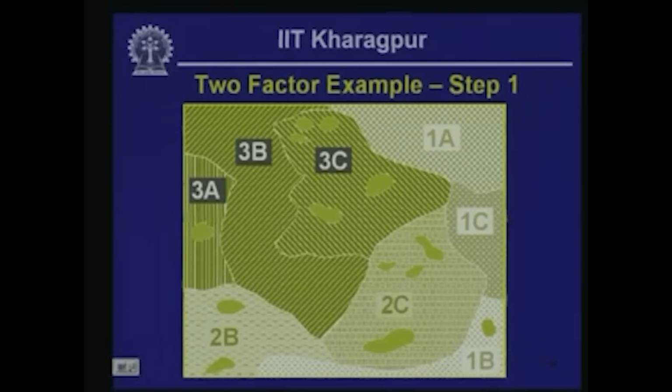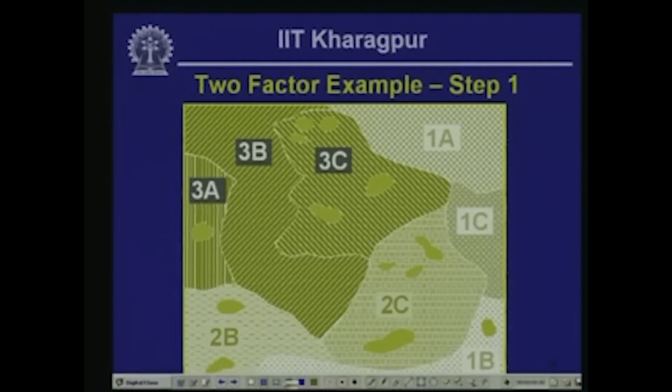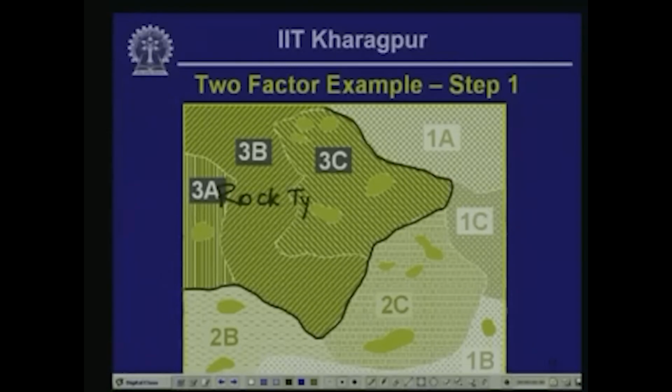The first type of rock is indicated by the orange shading, and this is the outline of the area underlain by rock type 1. So this area here is rock type 1, sorry, rock type 3 I am calling it here.